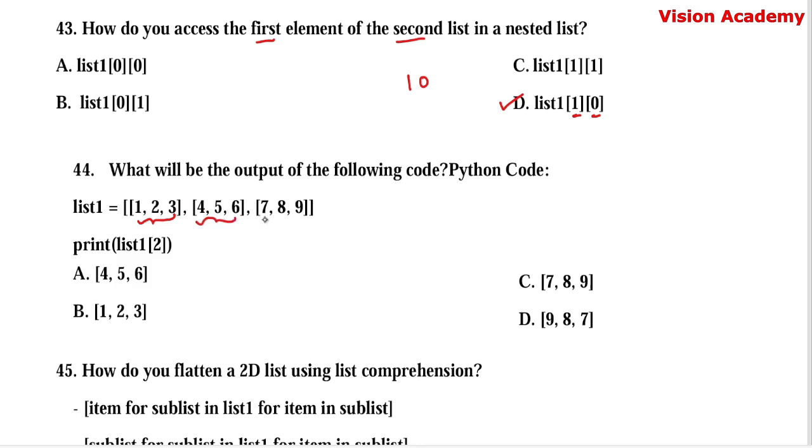Here [1, 2, 3], [4, 5, 6] and [7, 8, 9] are nested lists, and print(list1[2]). So what does list1[2] mean? Here the index number of the first sublist is 0, next is 1, next is 2. Here we want to print list1[2], that is [7, 8, 9]. Here option C, 7, 8, 9, is the right answer.